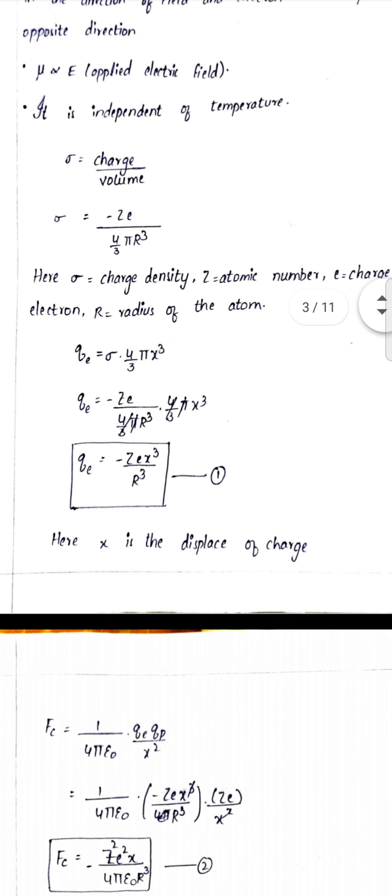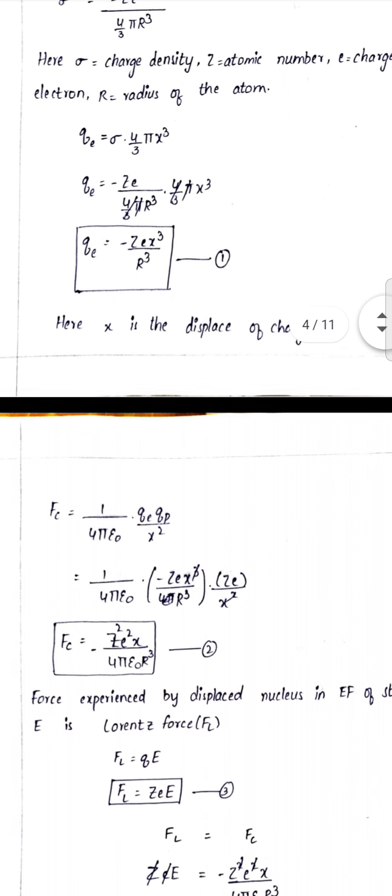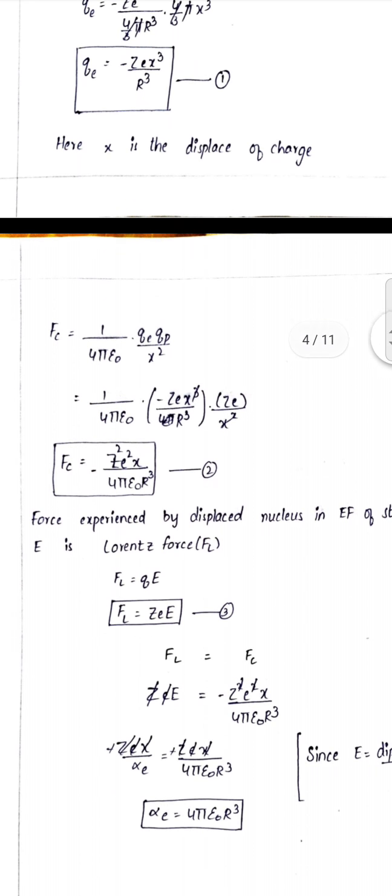Now we will see QE, the charge for each electron. QE is equal to sigma into 4 by 3 pi x cube. Here x is the distance the charge is displaced. By substituting sigma above we get QE equals minus Ze x cube by r cube. Since the atom is influenced by an electric field, Coulombic forces come into existence.